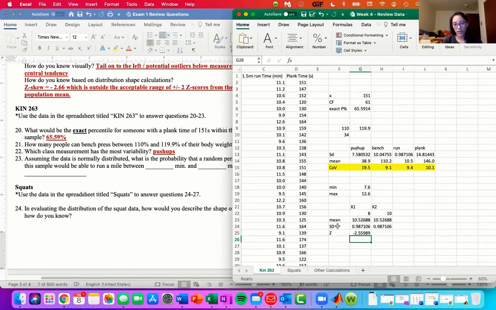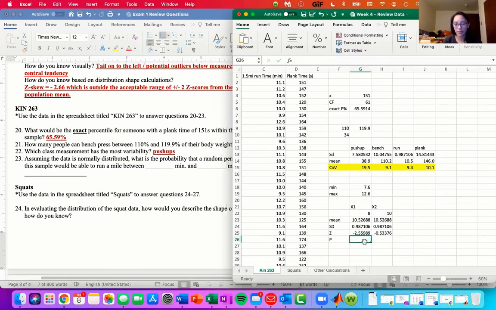And then we would do the same thing, so you can copy this over. We would do the same thing for the value of 10. Again, taking raw score minus the mean, divide by standard deviation. And you can see that we get these two z-scores, right? Which are going to be correlated with a certain percentile.